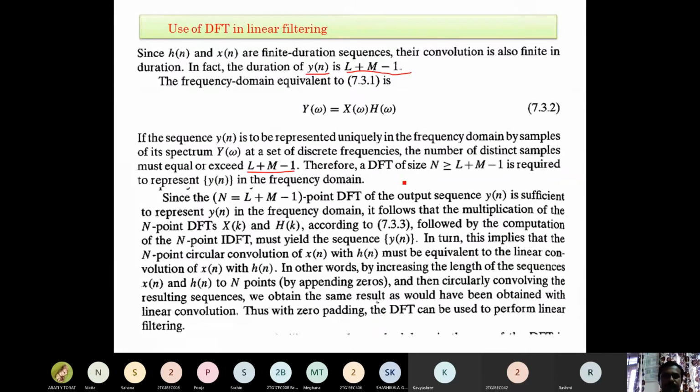In the frequency domain, it is Y of omega equals X of omega into H of omega. We append zeros to get the length N. So the total y of n is of size N, which is L plus m minus 1, or rounded to a multiple of 2 by appending extra zeros.